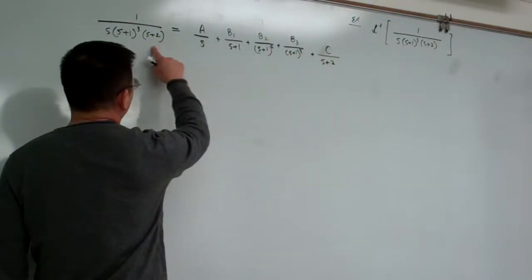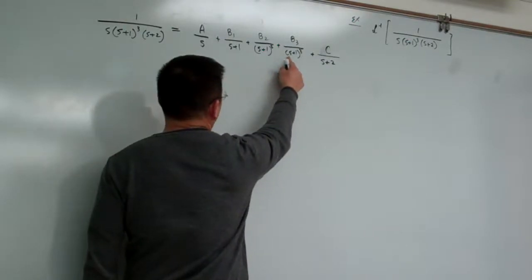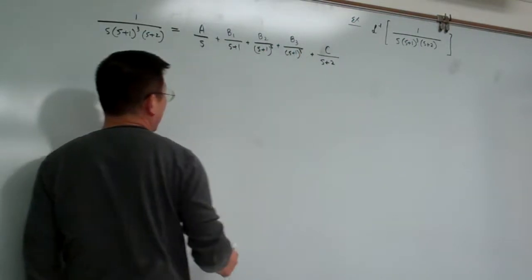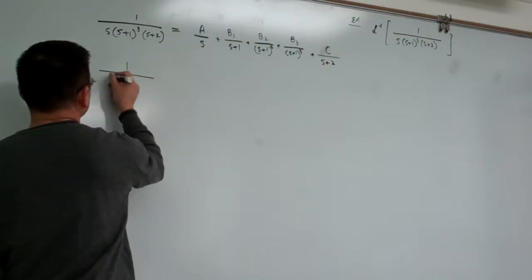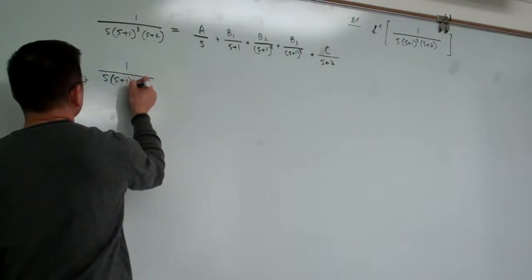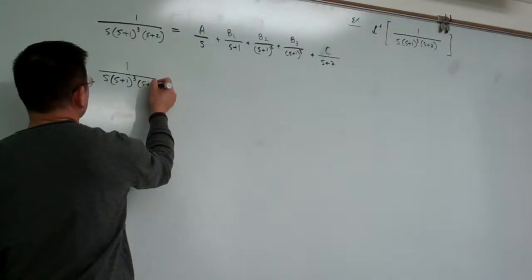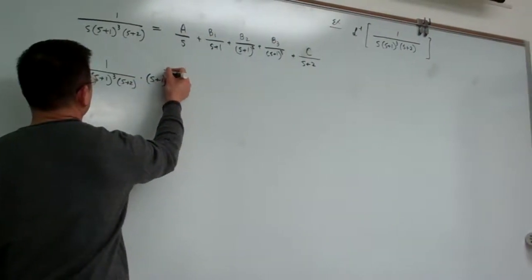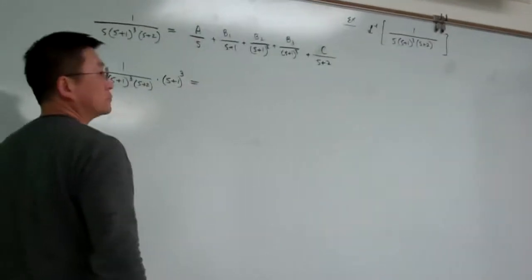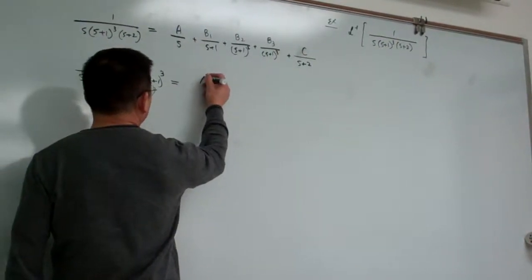multiply both sides with s plus 3 to the s plus 1 to the third power. So here let me write everything out.